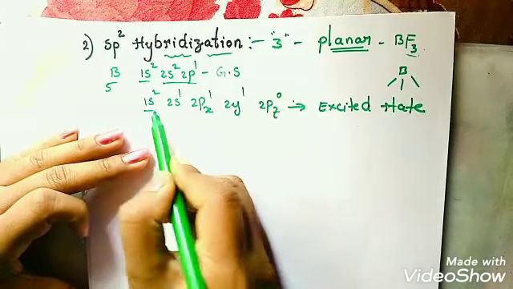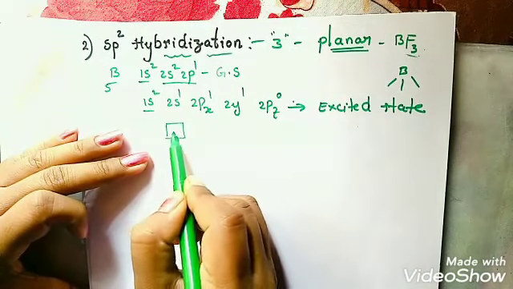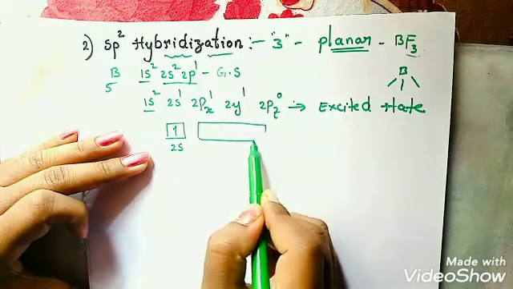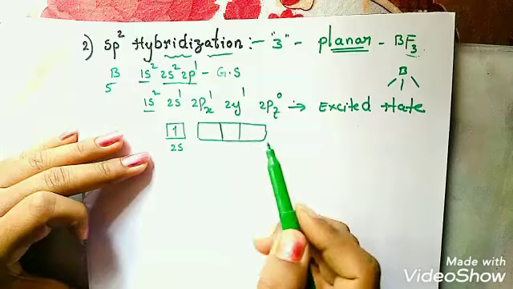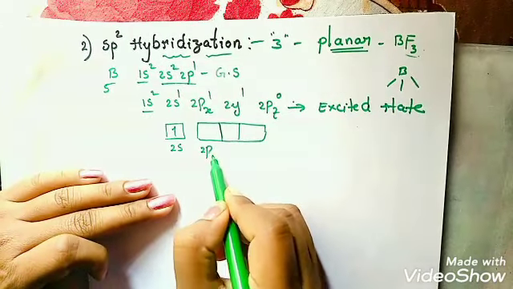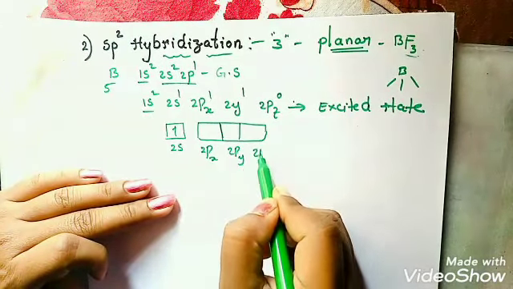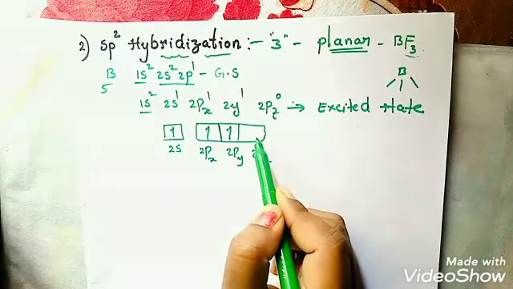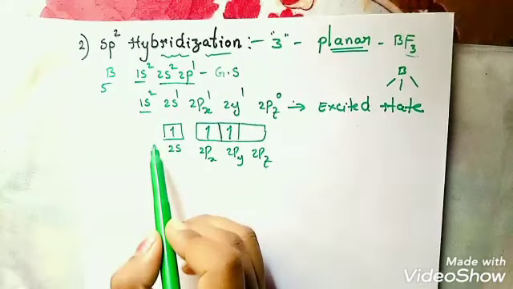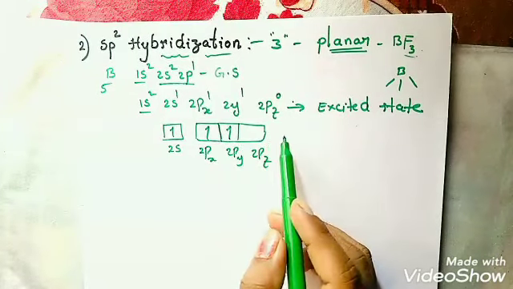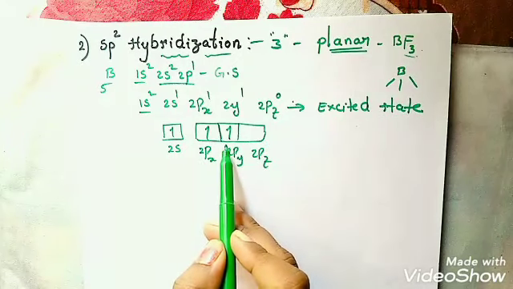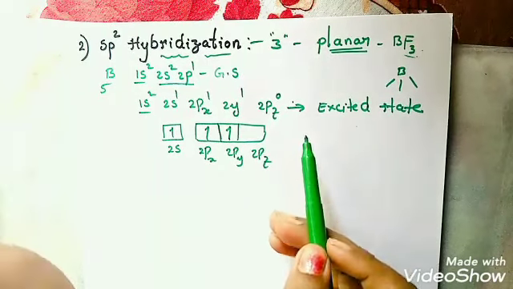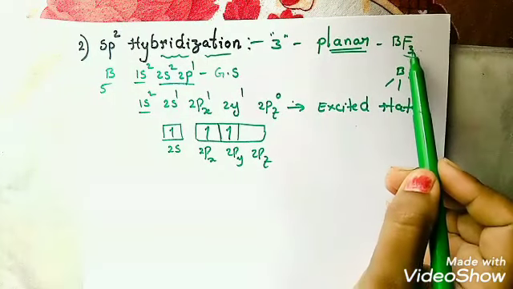So students, if you write, this is the 2s orbital, and for the p orbital there are 3 degenerate orbitals present. This is 2px, 2py and 2pz. Here one electron, here one electron, here there is no electron. So in this structure you can identify there are 3 single electrons, and these 3 single electrons are going to form a bond with fluorine.